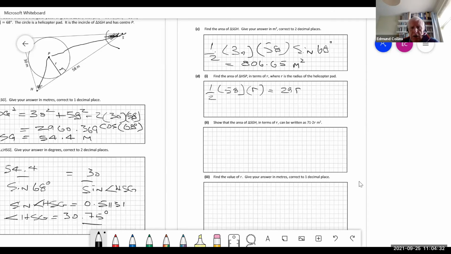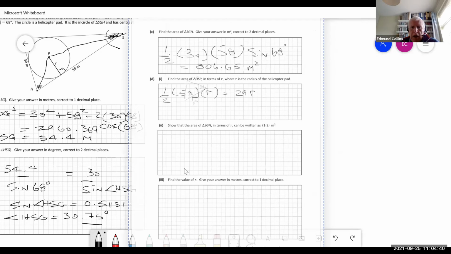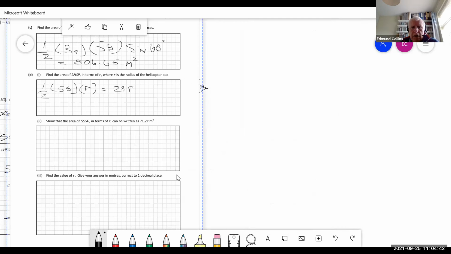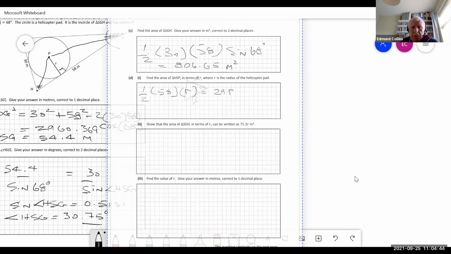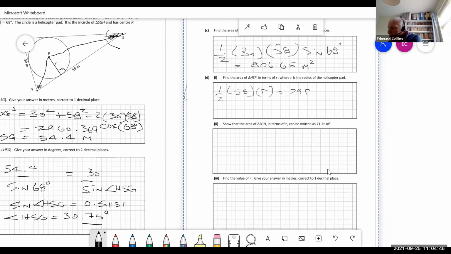Apart from the last part, which is a little tricky, these two parts, part 2 and 3 of D, are straightforward enough, and then the last part, part E, a little tricky, but you use the tan there, so that'll help solve that problem.